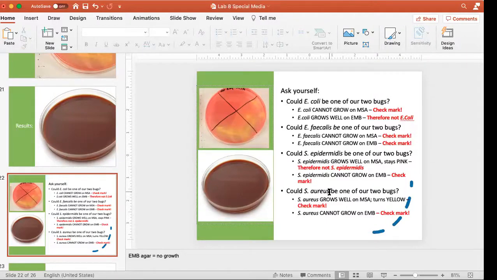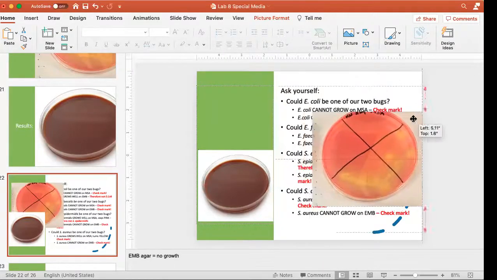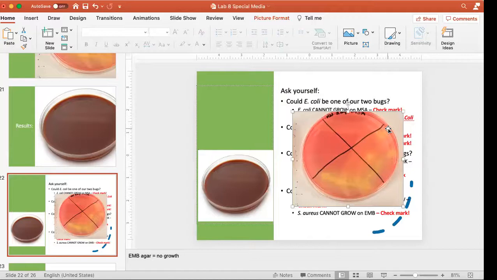Could Staphylococcus aureus be in our unknown culture? We know Staphylococcus aureus grows well on MSA, and we know that when Staph aureus grows on MSA, it turns the media yellow. That's pretty good evidence right there that one of the organisms that I chose for that unknown culture was Staph aureus. Staph aureus is the only organism that will do this on MSA.